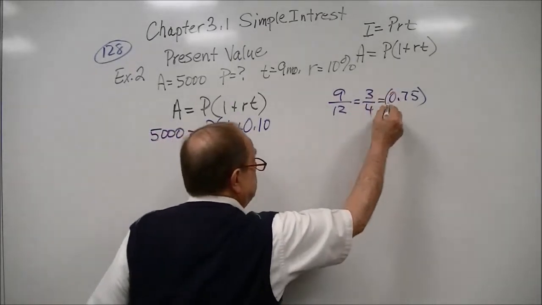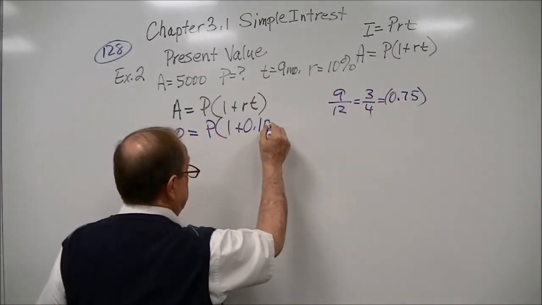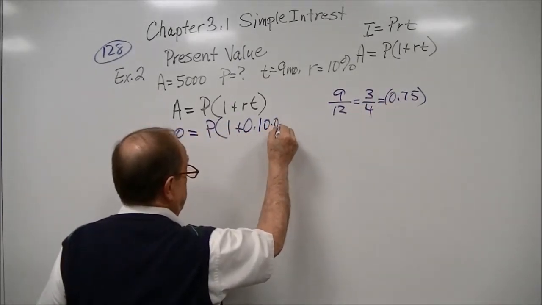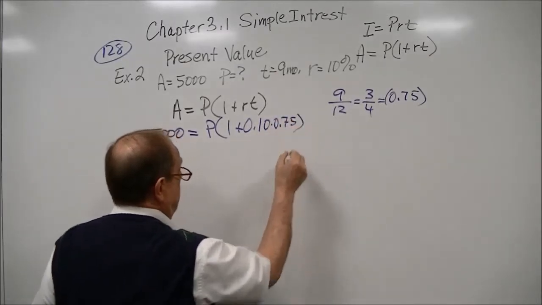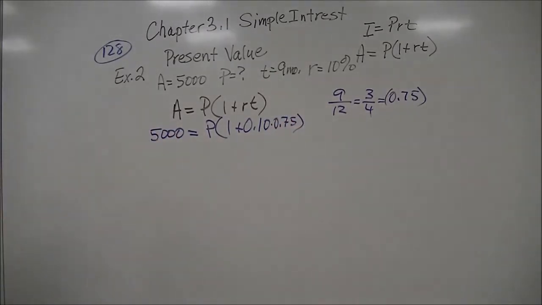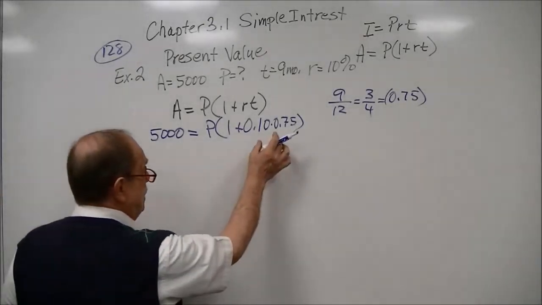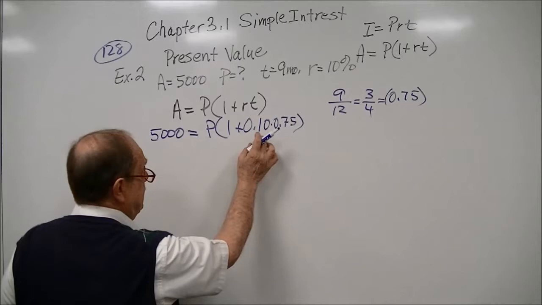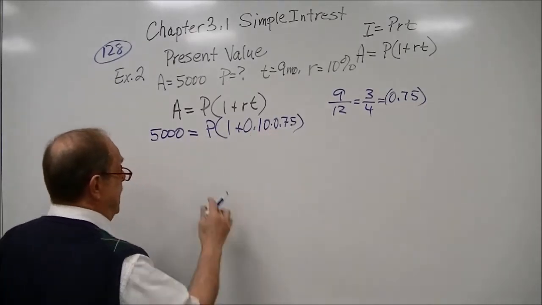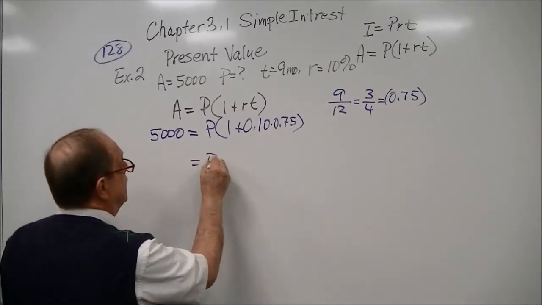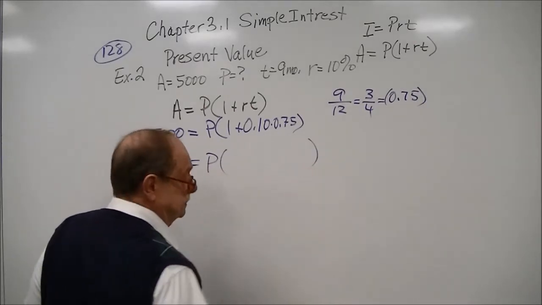So we're going to put this 0.75 into our formula, and we're going to multiply 0.10 times that and add 1 to it.